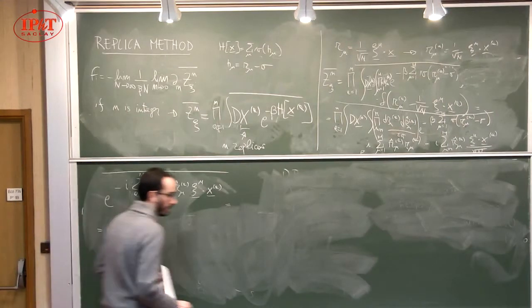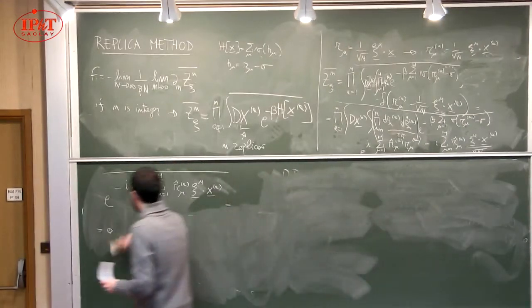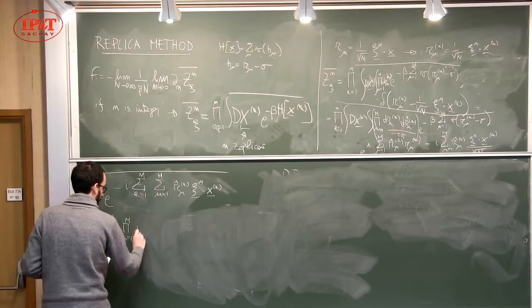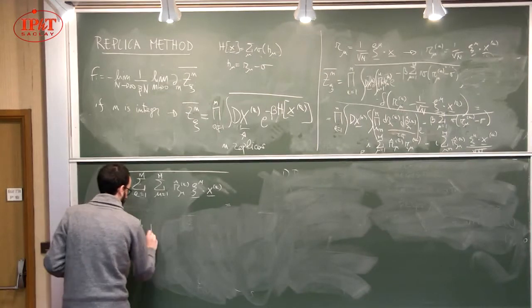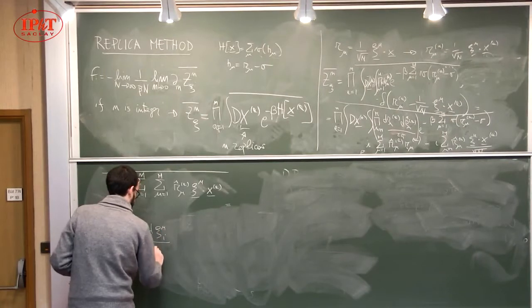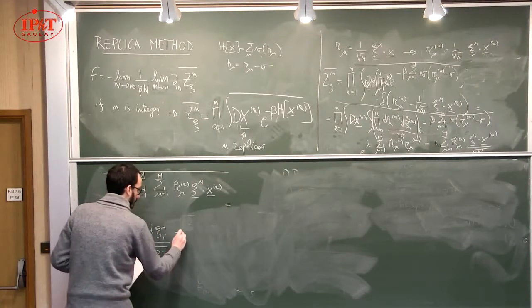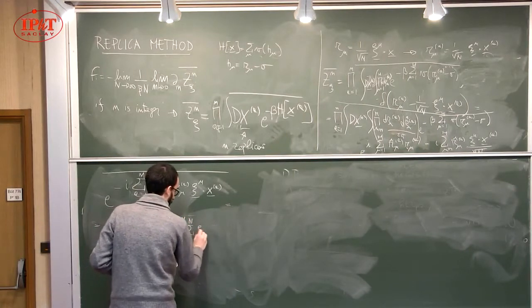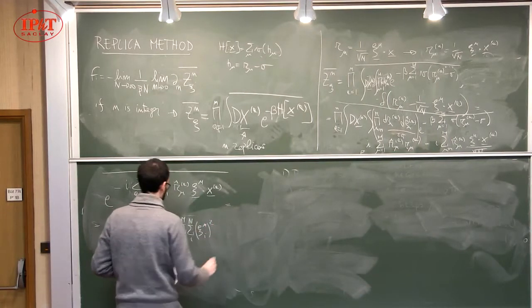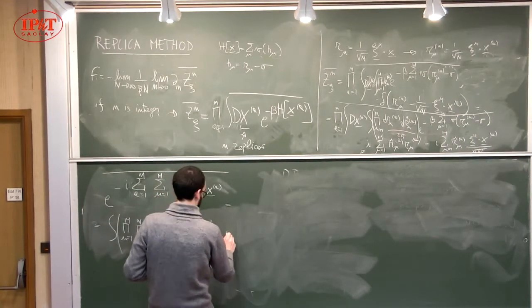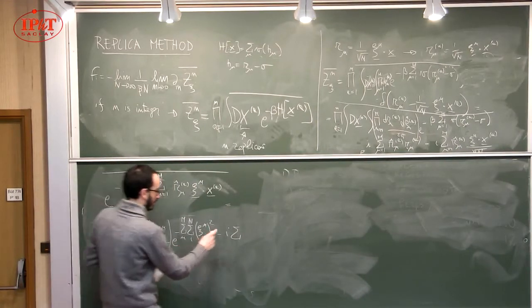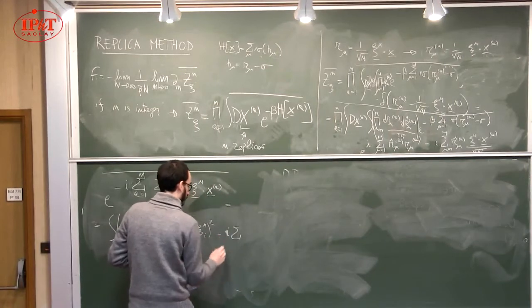So maybe I can try to do it. It's fast. So this is just So I should not confuse this I with this I, of course. So this is the imaginary unit.